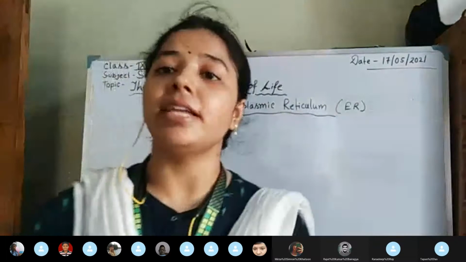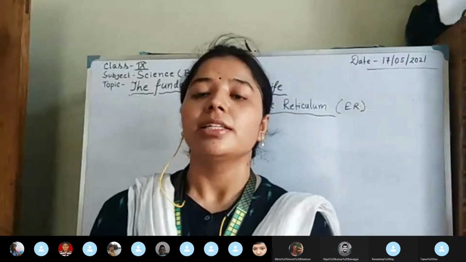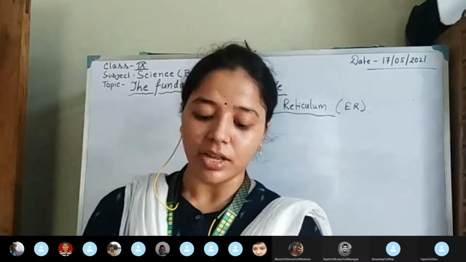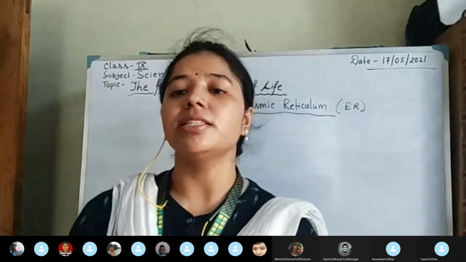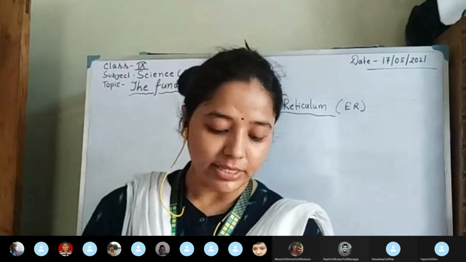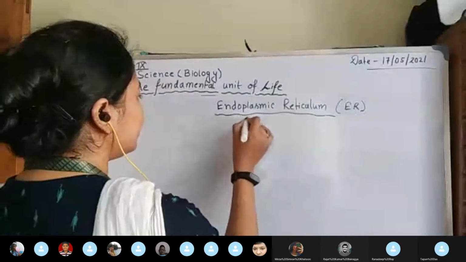It is a complex network of membrane bounded channels, made of flat sacs, tubes and vesicles. So this is a complex structure made of three things.